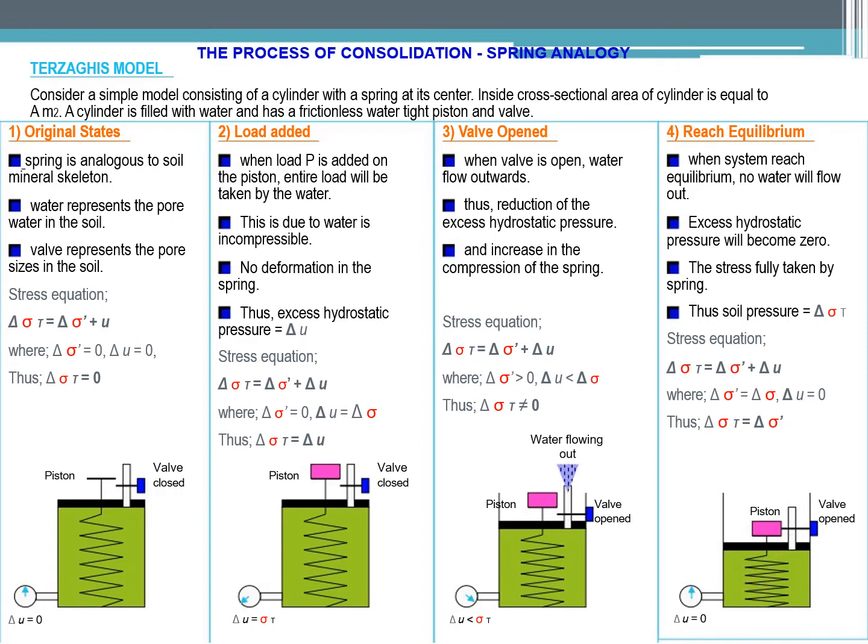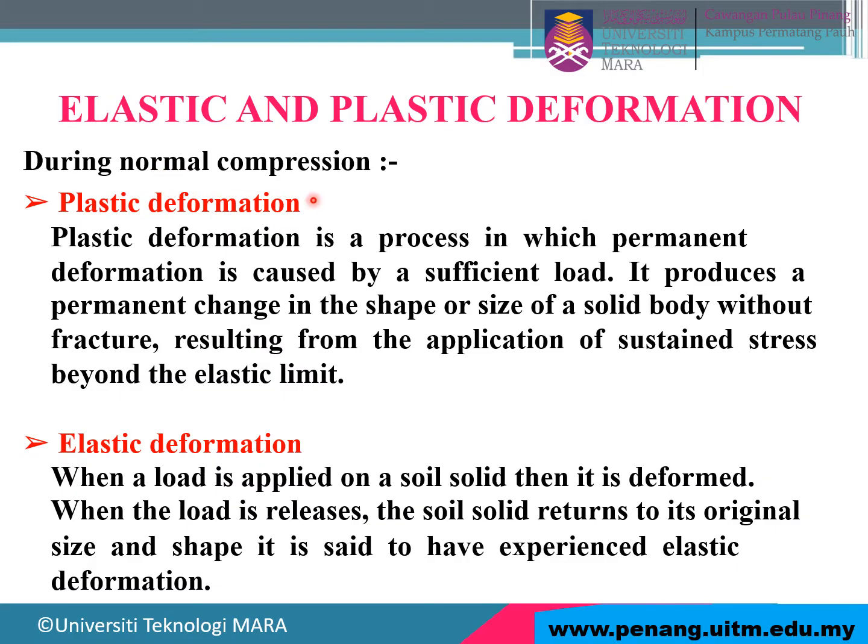Alright guys, during normal compression we have elastic and plastic deformation. So what is plastic and what is elastic? The words plastic and elastic actually describe the definition. First, the plastic deformation is a process in which permanent deformation is caused by a sufficient load.